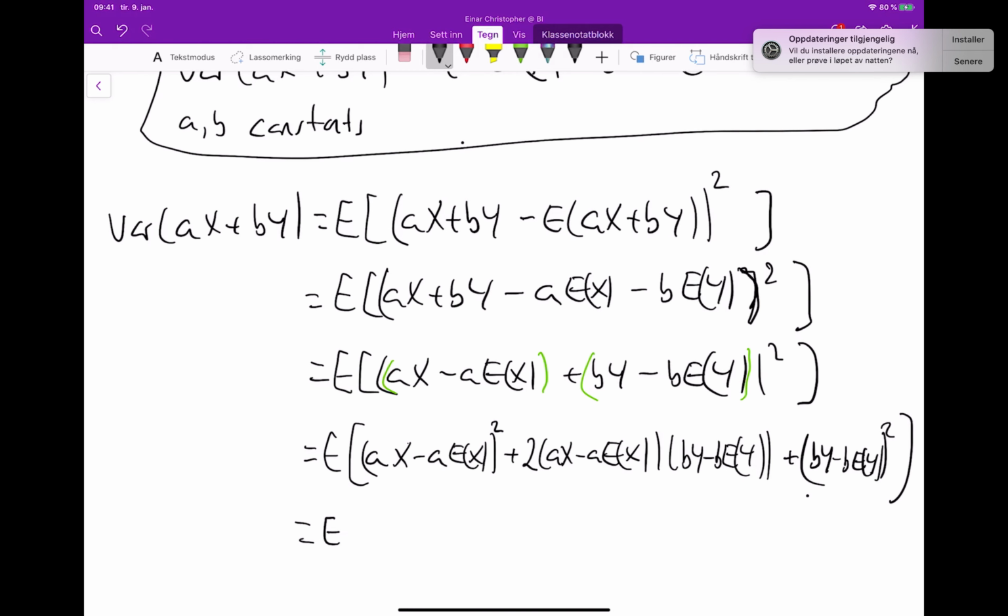So I get the expectation of ax minus a expectation of x to the power of 2 plus the expectation of 2, and I factorize out a in the first parenthesis and b in the second parenthesis. So I get this. Be sure you understand what I'm doing now.